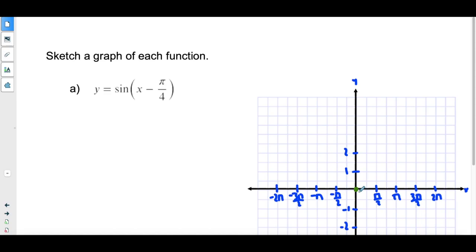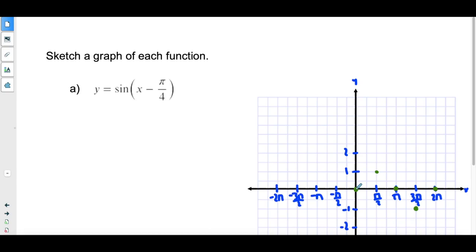When x is equal to 0, sine of x is also equal to 0. When x is pi over 2, sine of x is equal to 1. When x is pi, sine of x is equal to 0. When x is 3 pi over 2, sine of x is equal to negative 1. And when x is 2 pi, sine of x is equal to 0.